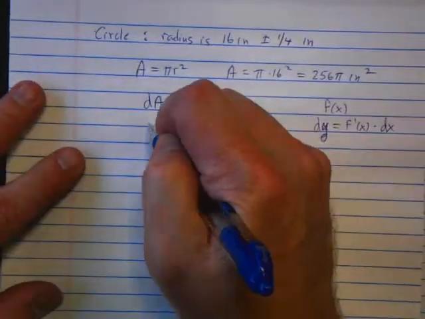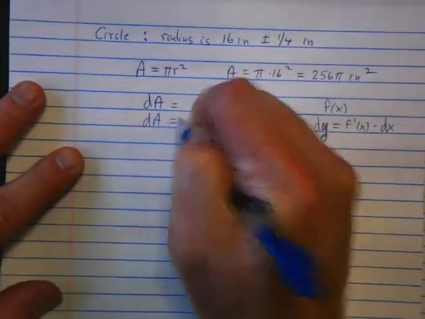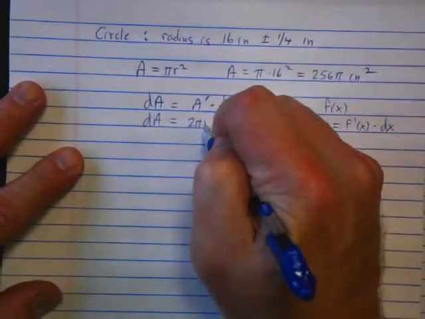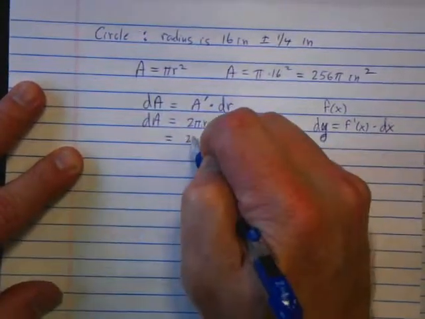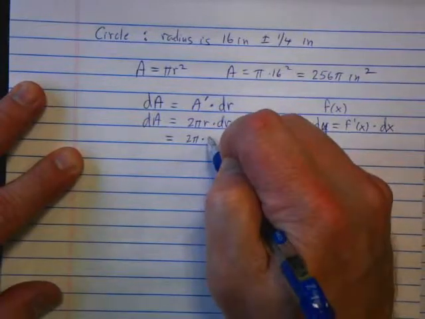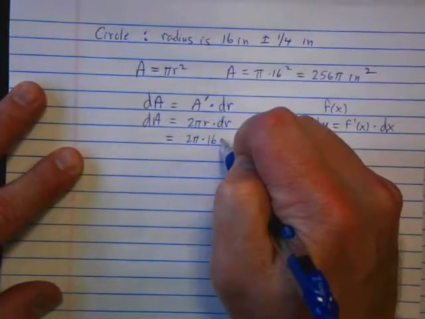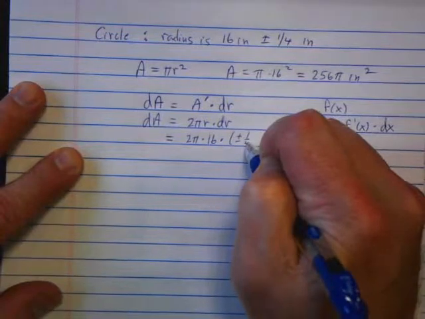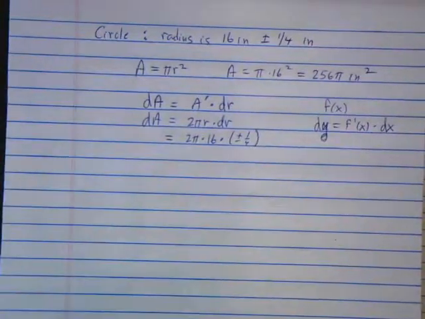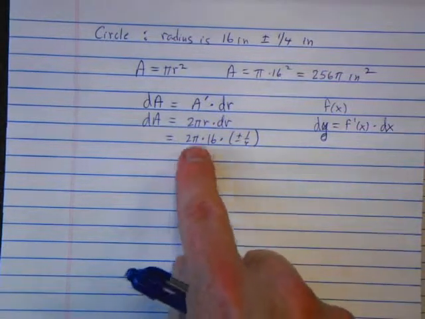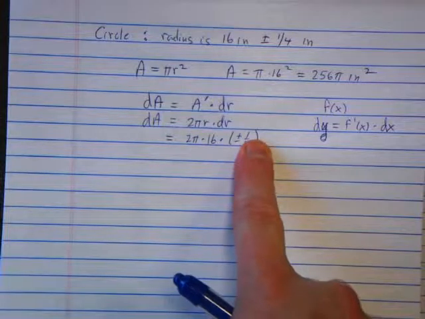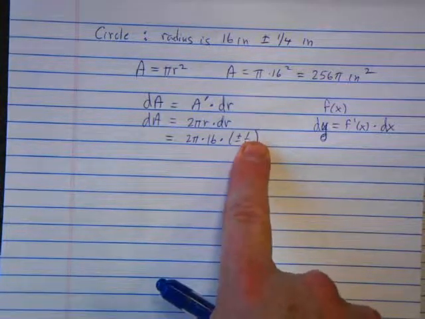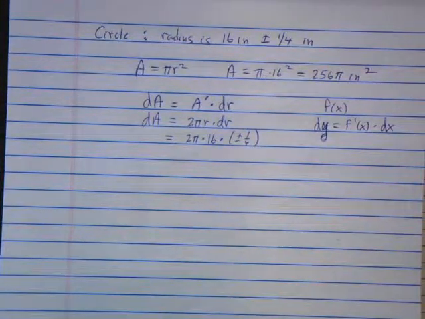All right, so dA is 2 pi r times dr. So it's 2 pi times 16 times plus or minus a quarter. 2 times 16 is 32. 32 times a quarter? 8.